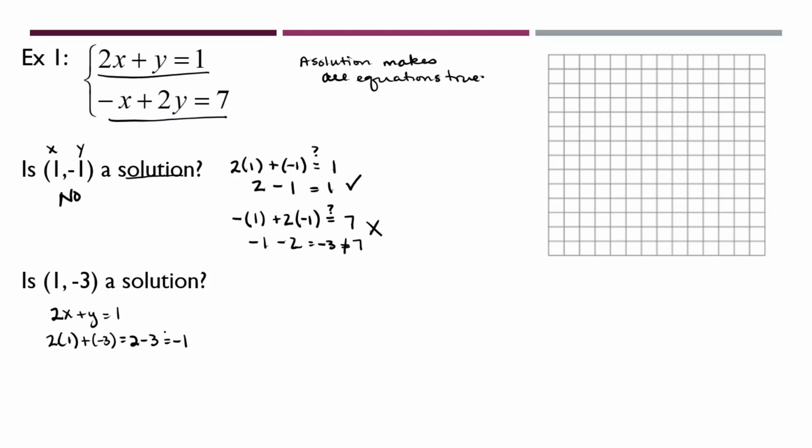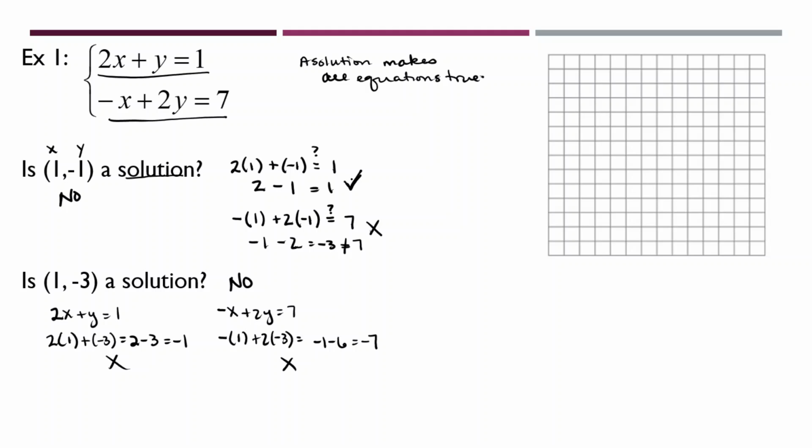Okay, and then if we plug it into the second equation, we get negative x plus 2 times negative 3 equals, that's negative 1 minus 6, which is negative 7. So it's actually not true for either. So this is also not a solution. If it made both of them true, then we would say yes.